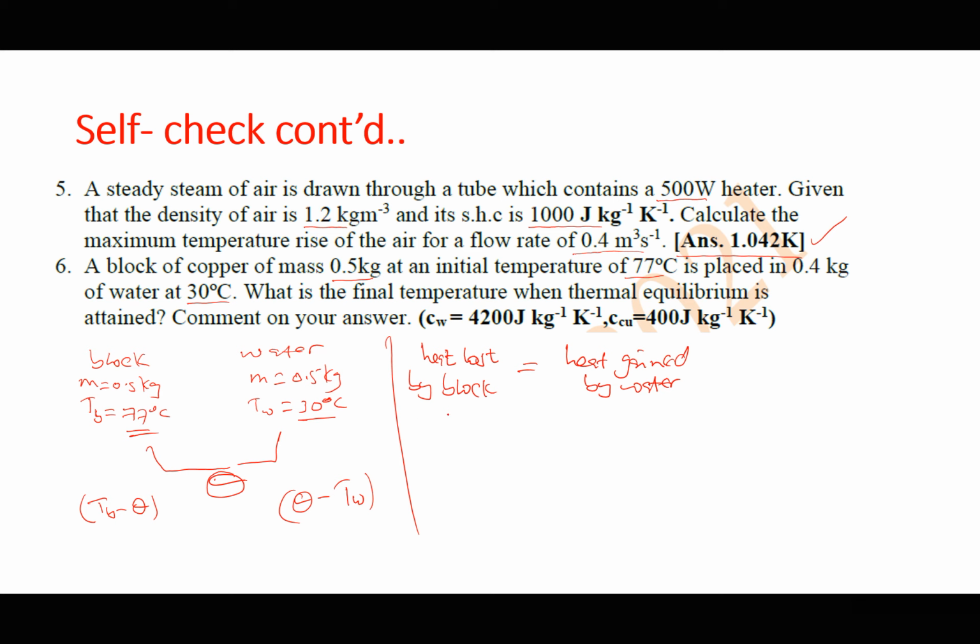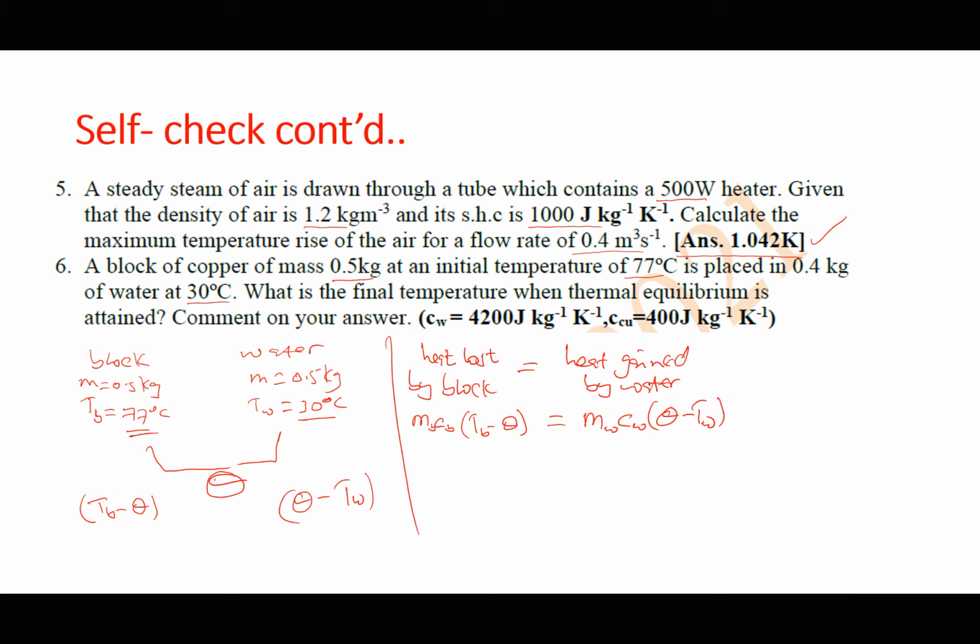The heat lost by the block to change the temperature from Tb to theta will therefore be the mass of the block times the specific capacity of the block times the temperature change, which is T block minus theta. This should be equal to the mass of the water, times the specific capacity of the water, times the temperature change of the water, which is theta minus T water.